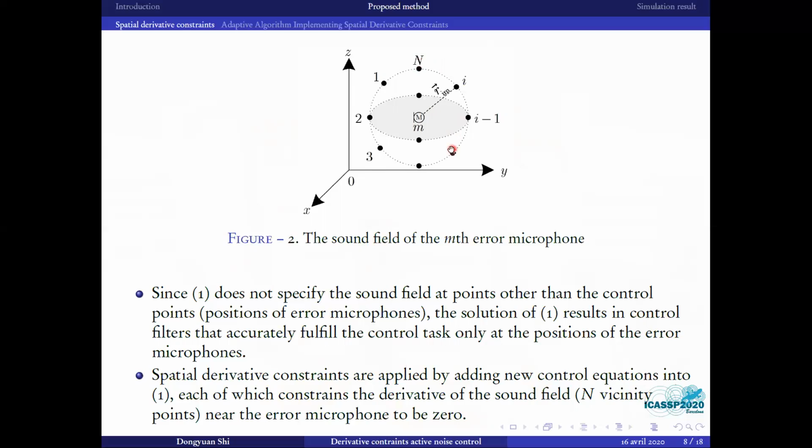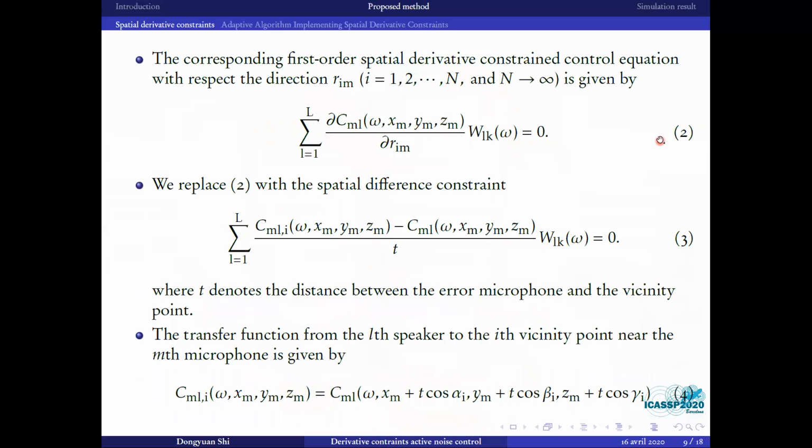such as these N vicinity points. To do this, we bring in a special derivative constraint, in which we force the derivative at the N vicinity points equal to 0, as shown in equation 2. However, in practice, it's difficult to directly calculate the spatial derivative.